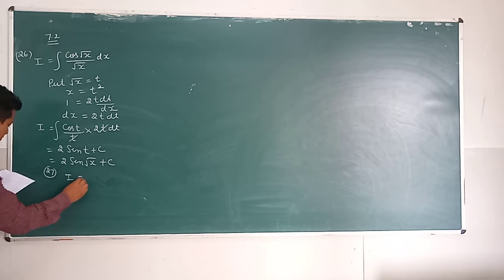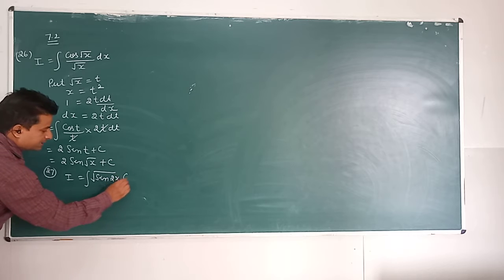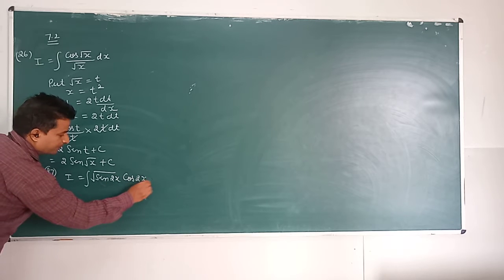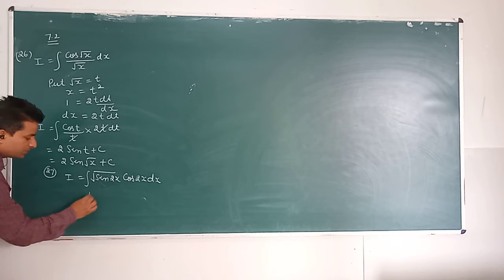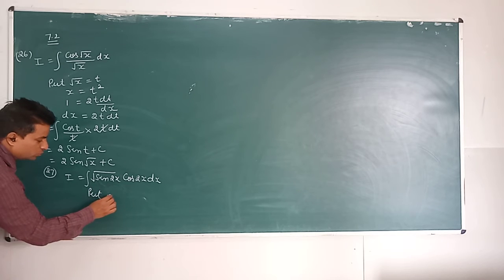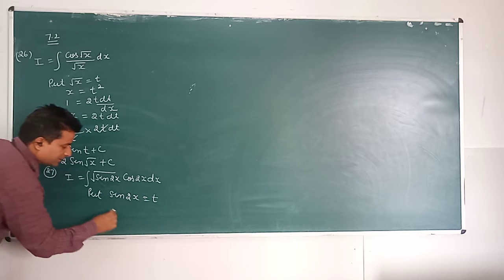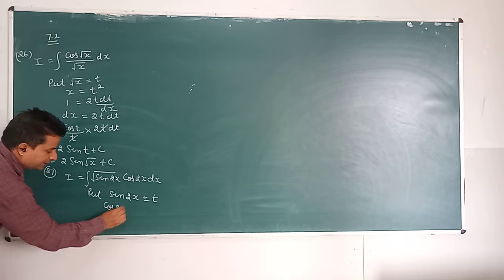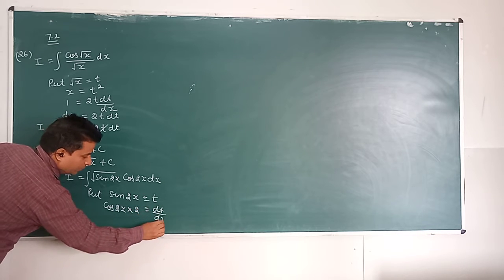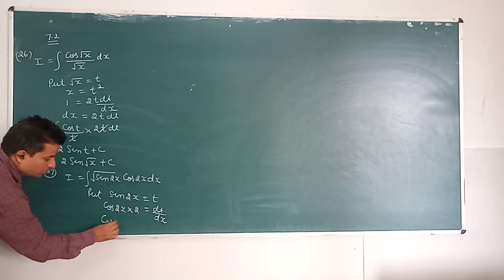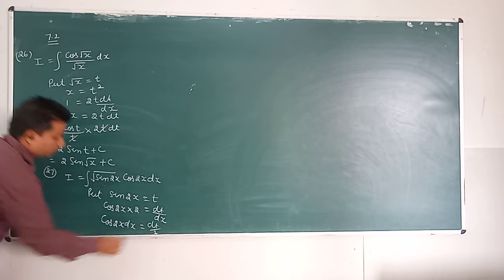In question number 27, I is equal to the integral of sin 2x into cos 2x. Here, as we know, the differentiation of sin 2x is cos 2x into 2. So first we put sin 2x equal to t and differentiate with respect to x. So this is dt upon dx, and cos 2x dx equals dt upon 2.